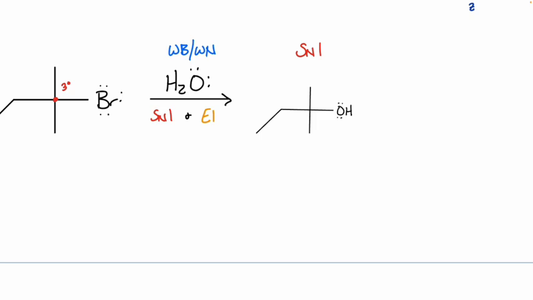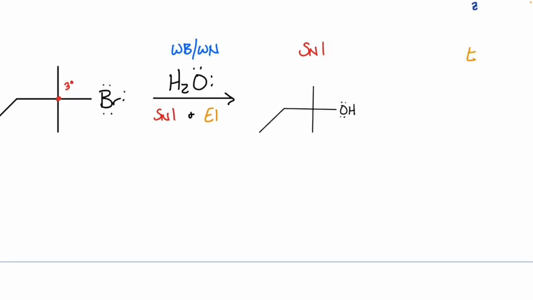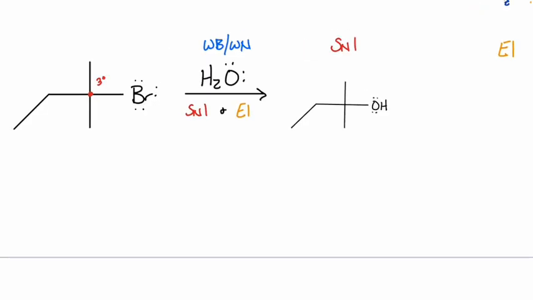And lastly, we're going to do our E1 product. There's actually 2 alkenes that we can draw here. These are both chemically identical, so it wouldn't matter which one I removed a hydrogen from. But this one back here is indeed chemically distinct, so that would give me a different product.